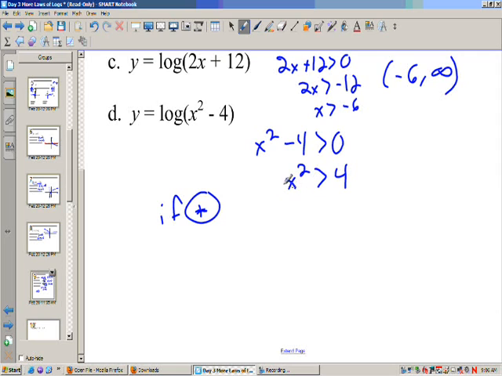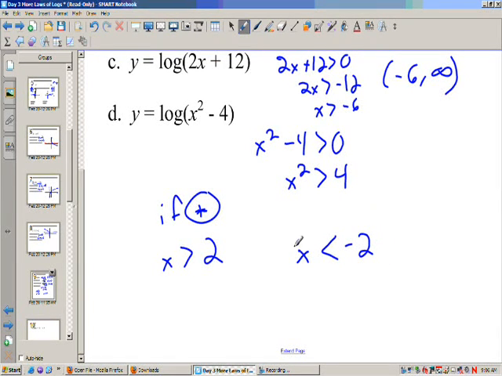So if these are two positive x's, then you'd square root both sides and the answer would be x is greater than 2. Now it's possible that both these are negatives, -2 times -2, and now that would be like dividing by a negative. So if I take the square root of both sides, it would be x is less than -2.